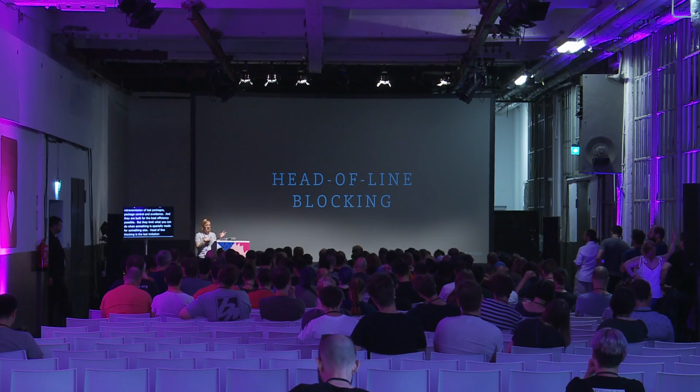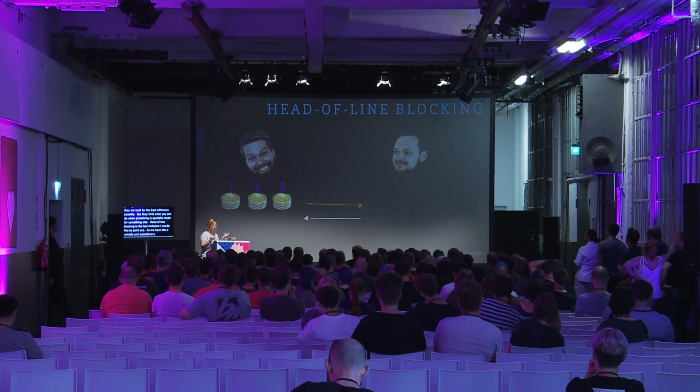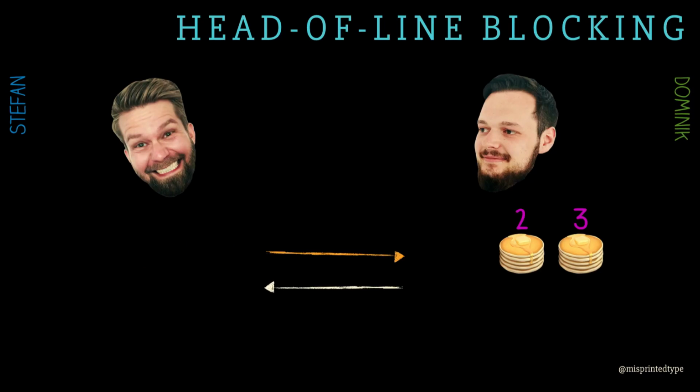Head-of-line blocking is the last limitation I'd like to point out. As we have reliable and in-order delivery built in, we rely on all segments to arrive. So when 3 segments are sent out and just the first one is lost, it will drop all packages.